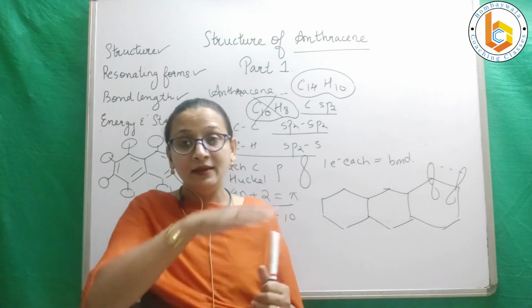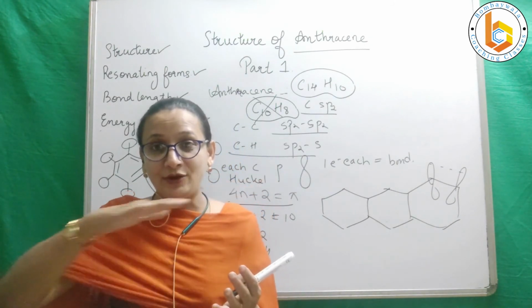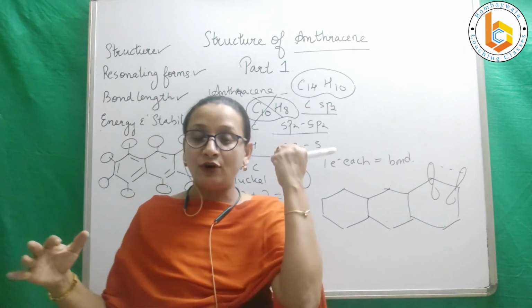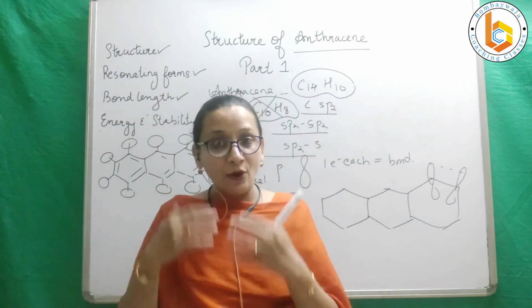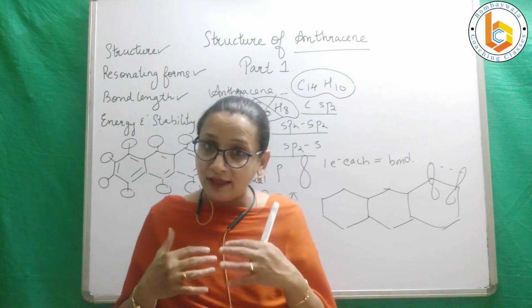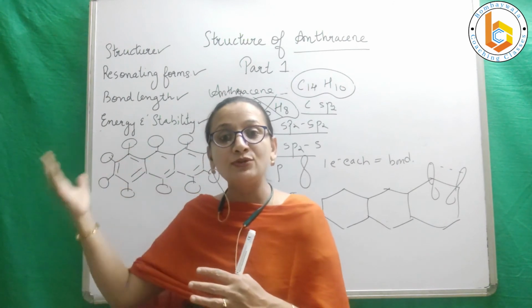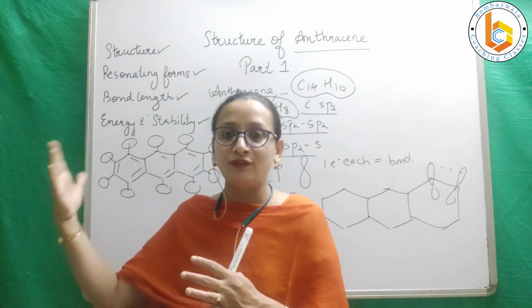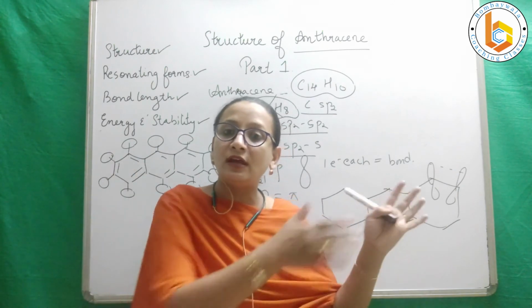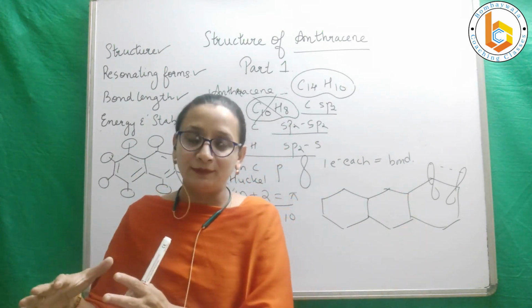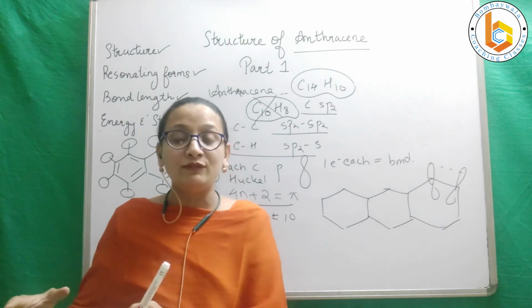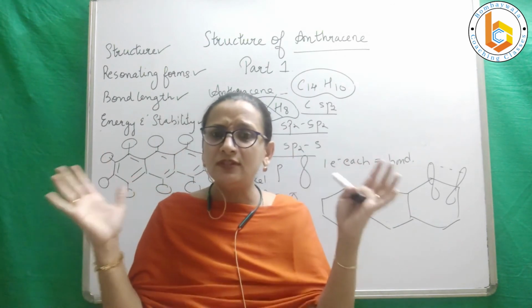And we are taking these topics along a horizontal axis. That is, we have talked about the structure of naphthalene. Right now we are talking about the structure of anthracene. And in the next videos to come, we will be talking about the structure of phenanthrene. The same way we will be talking about reactions of all three of them, methods of preparation of all three of them, because there is a huge similarity.